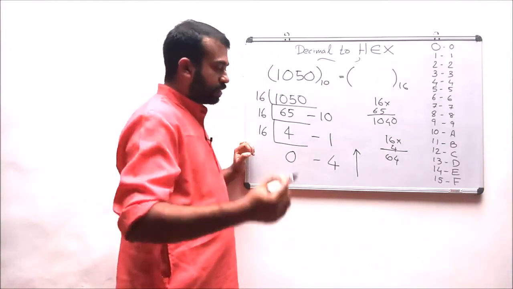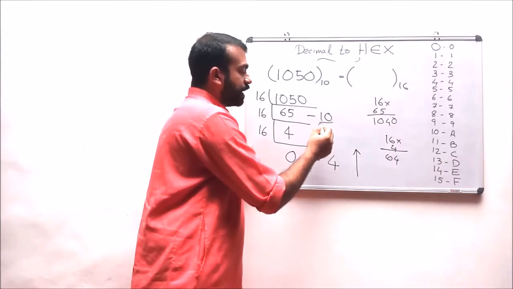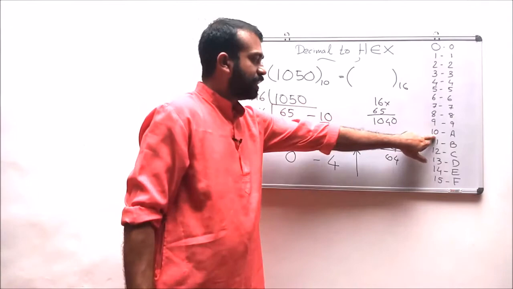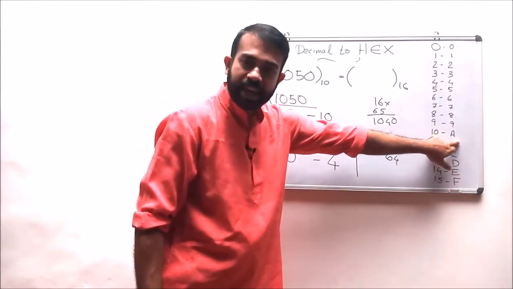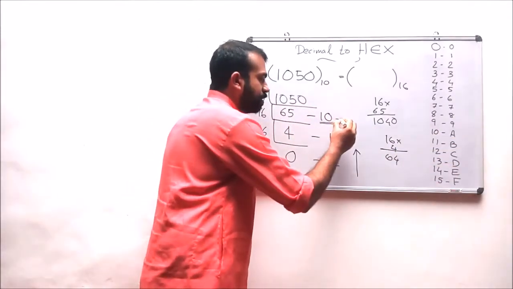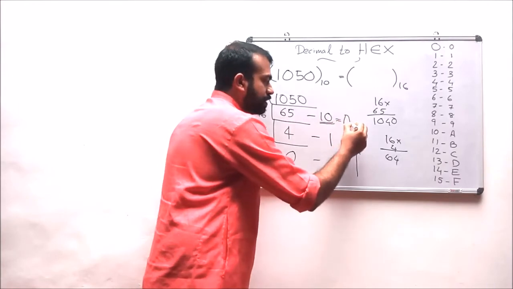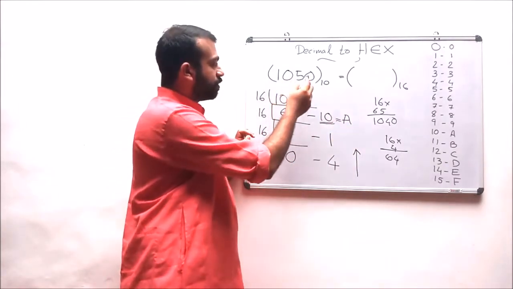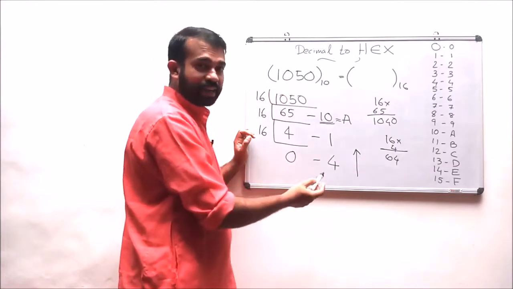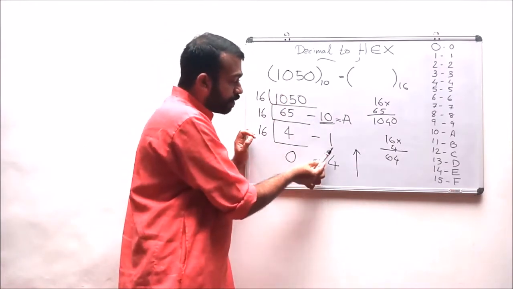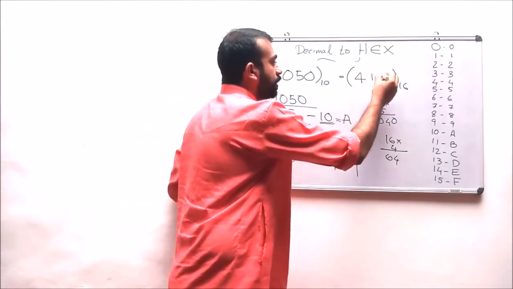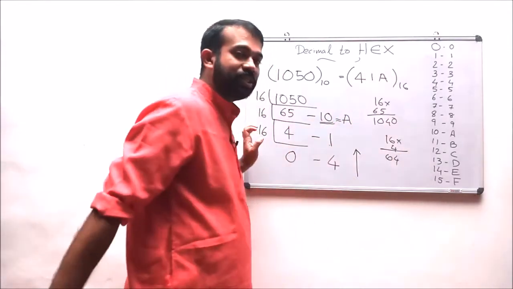But here is one more thing: we got a remainder 10. In the hexadecimal number system, this 10 is represented as the digit A. So the decimal number 1050 is represented in hexadecimal as 41A to the base 16.